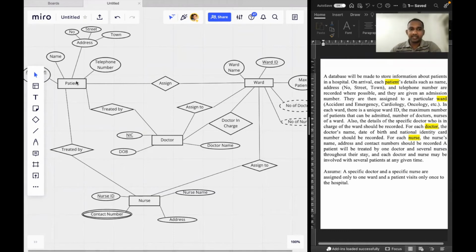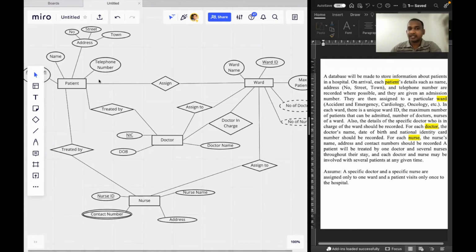For example, if you take a patient assigned to a particular ward, one patient will be assigned to only one ward. If you take one ward, there can be many patients. Therefore, the cardinality ratio here is: ward side is 1, the patient side is many.